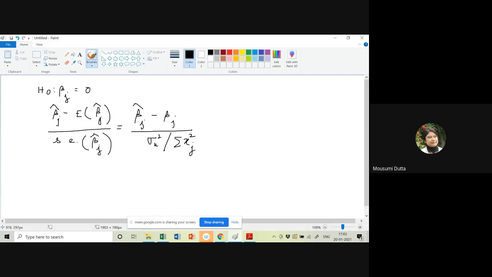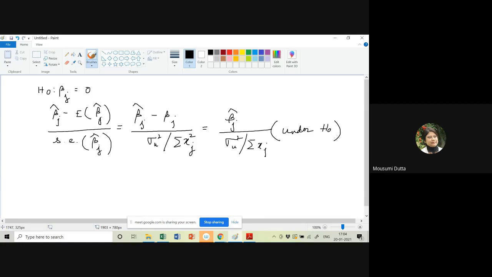Under the null hypothesis, because under H naught beta j is equal to 0, we can write the statistic as beta hat j divided by standard error of beta hat j.